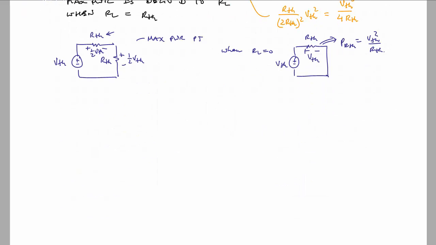So let's do a numerical example here. Let's say that you have a 12 volt battery with an internal resistance of 0.1 ohms. What is the maximum power that it can deliver?